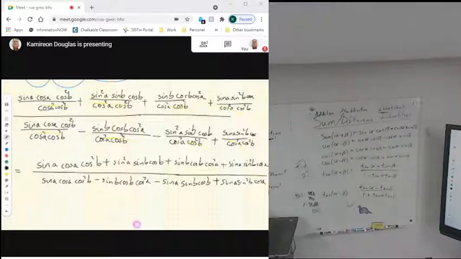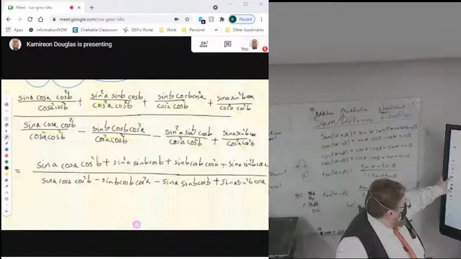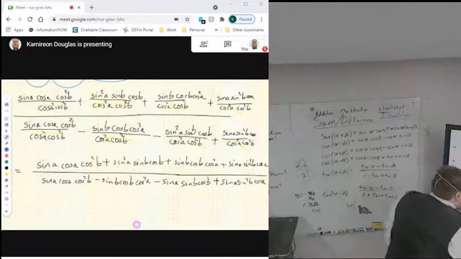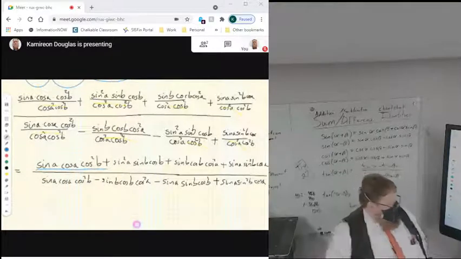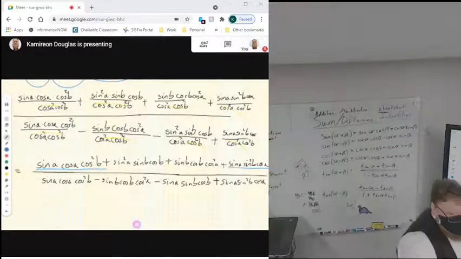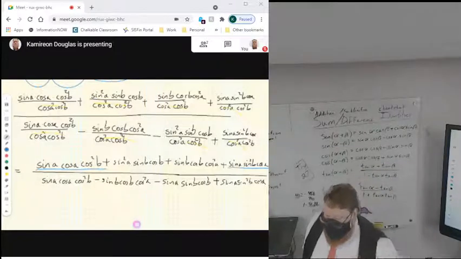Okay, ready? What I want to point out here is, if you look at this problem, we have sine A cosine A, cosine B squared. Over here we have sine A cosine A, sine squared B. Those two pieces factor.